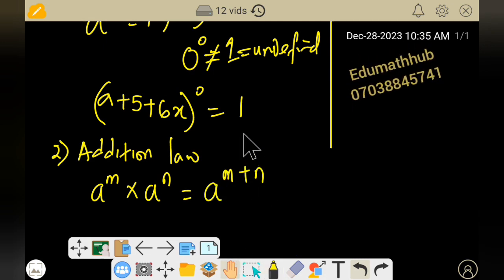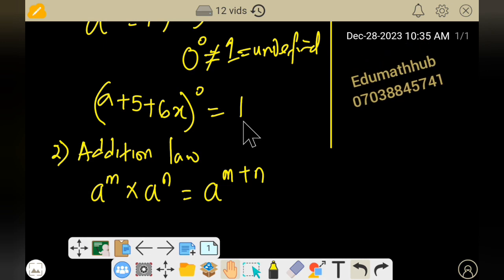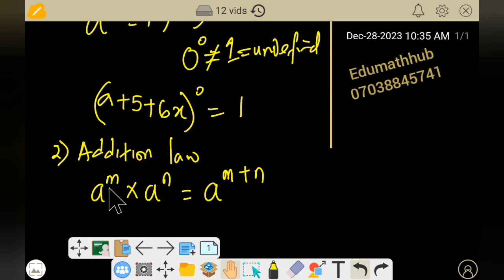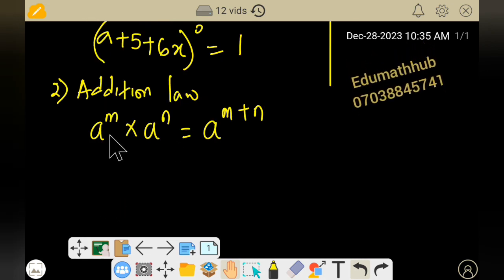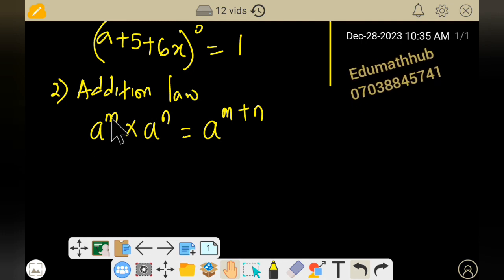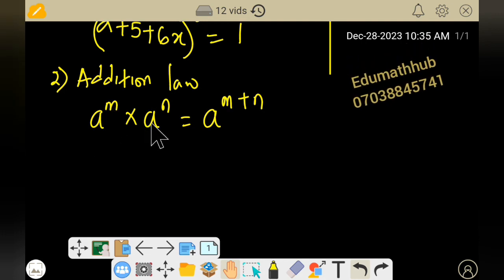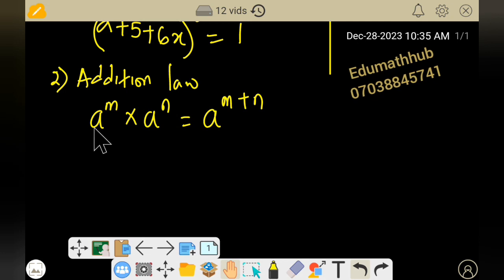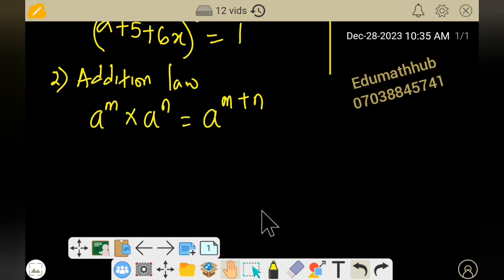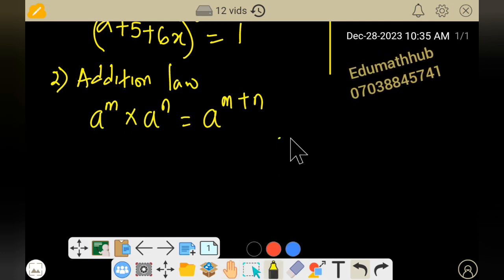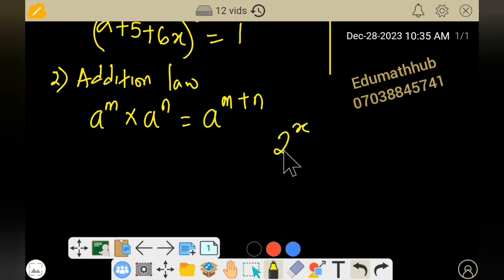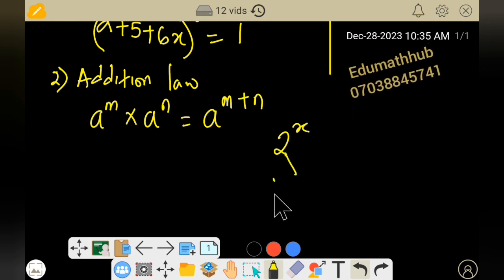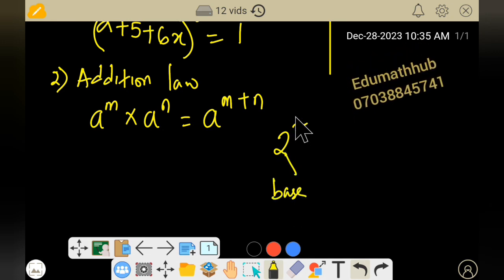What this law is saying is that if you have two numbers like this that are being multiplied, a is the base and m is the power. If you have something like 2 raised to the power x, 2 is the base, while x is the power.